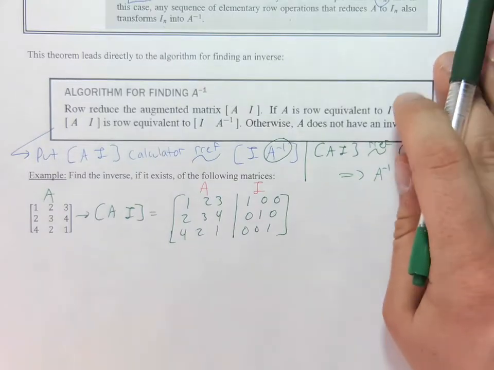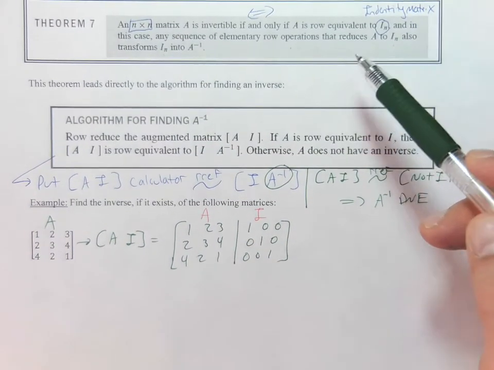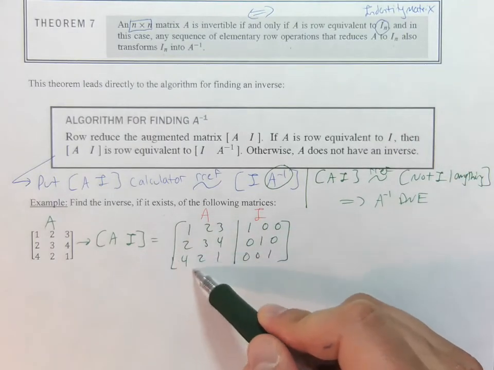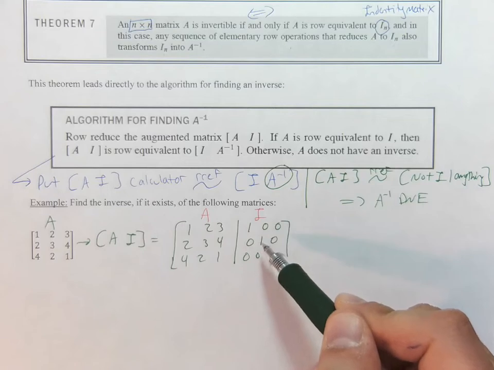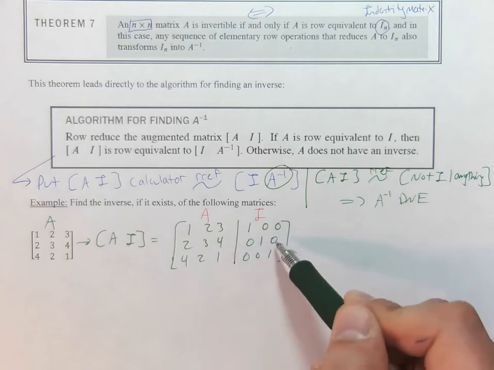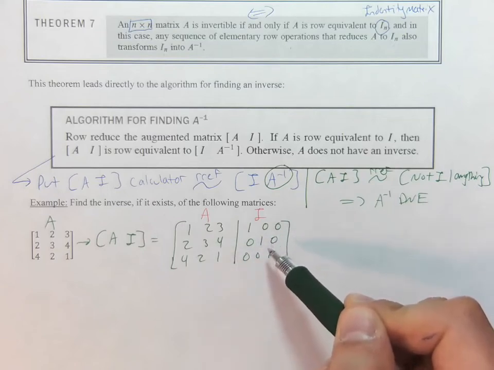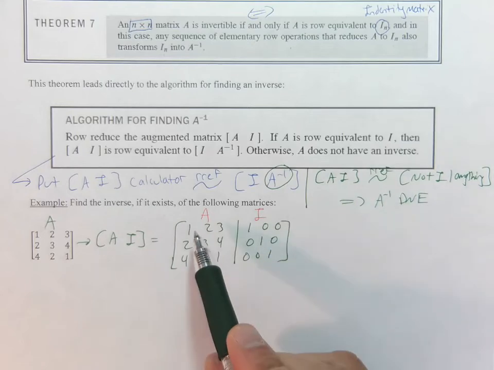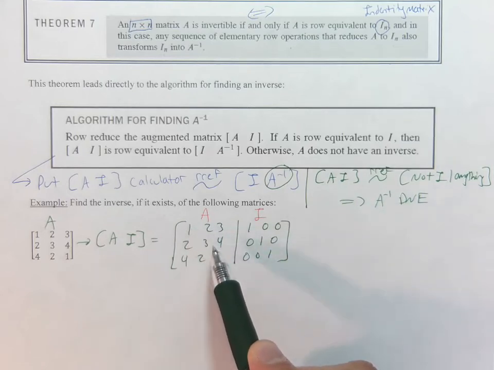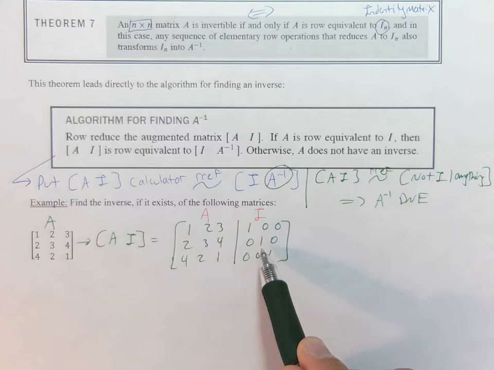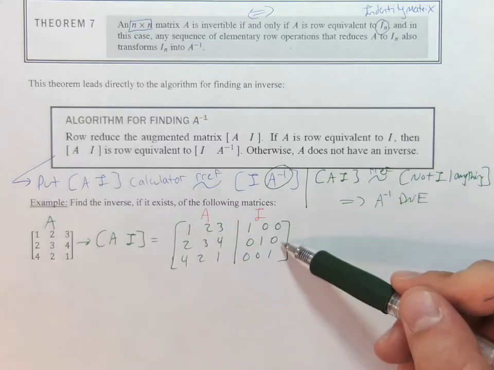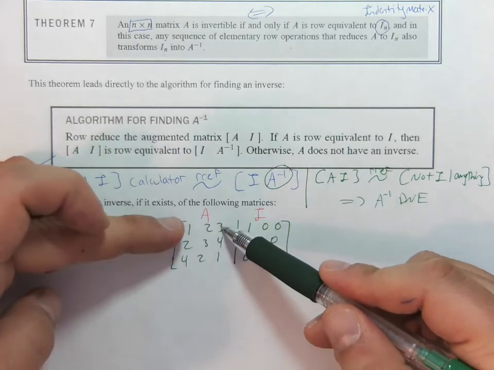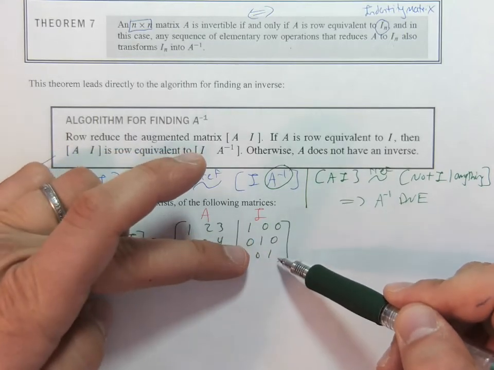What the theorem at the top of the page tells us is that the operations that change A into the identity matrix change the identity matrix into the inverse. If we just put them in a matrix together and do RREF, RREF is going to try to put a pivot here, here, and here. It doesn't mess around with I at all. It's going to focus on A, but since I is in the matrix with it, whatever row operations you do here are also going to be carried out over here.